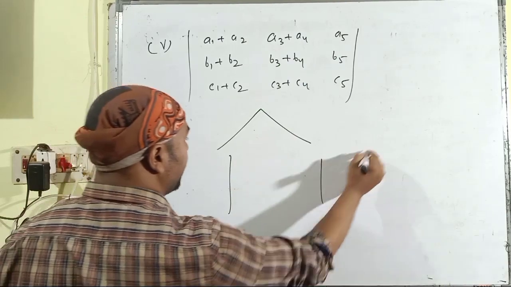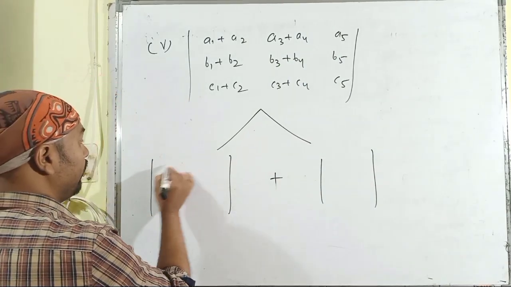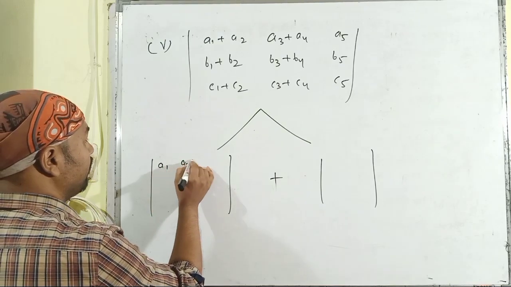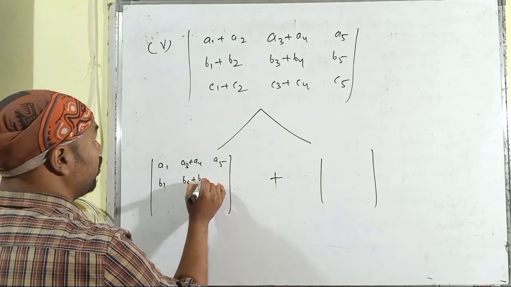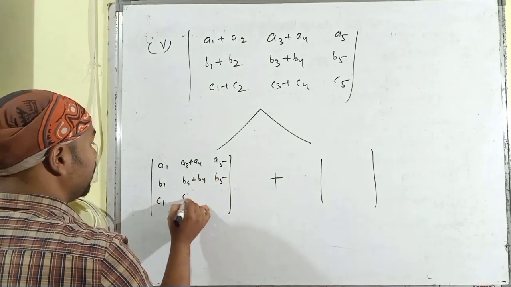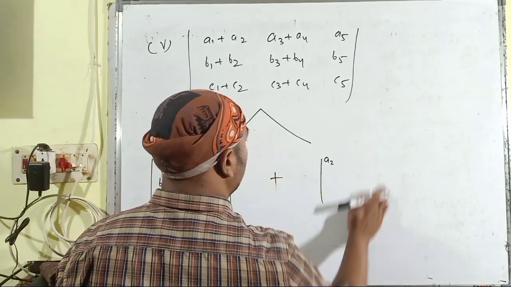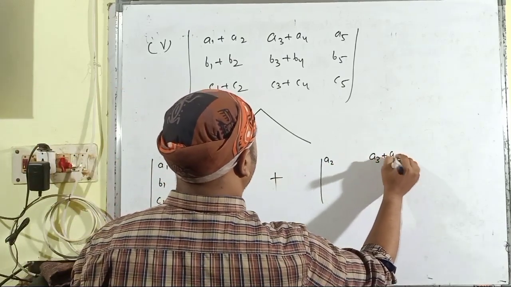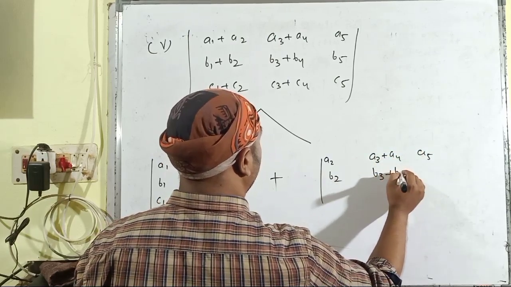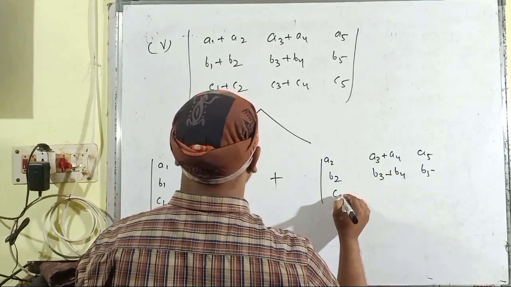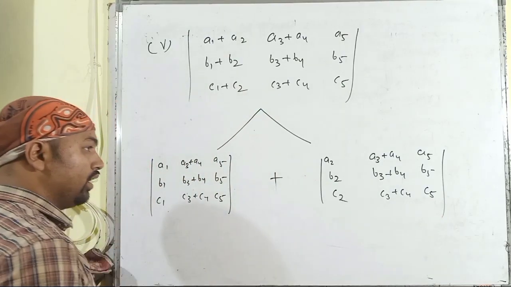So it can be separated into the sum of two determinants: the first with a1, a3 plus a4, a5, b1, b3 plus b4, b5, c1, c3 plus c4, c5. Similarly, the second is a2, a3 plus a4, a5, b2, b3 plus b4, b5, c2, c3 plus c4, c5.